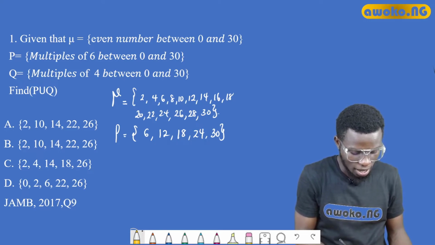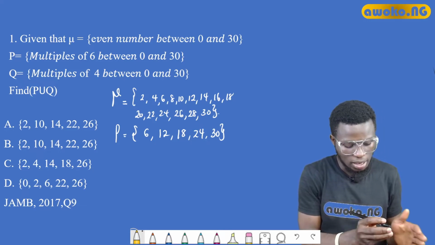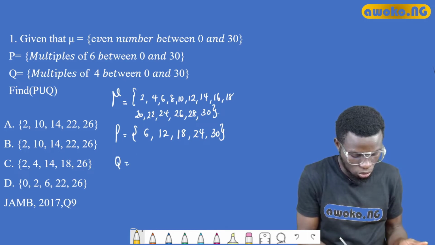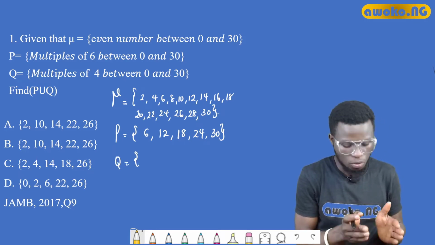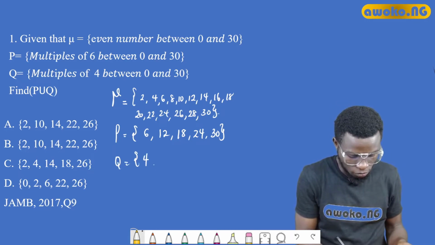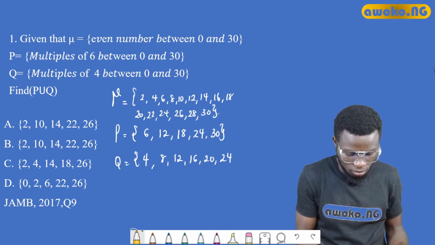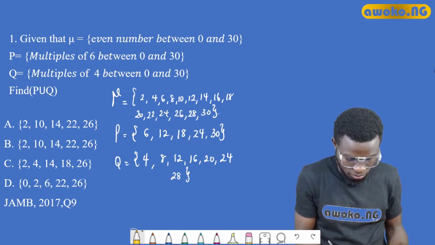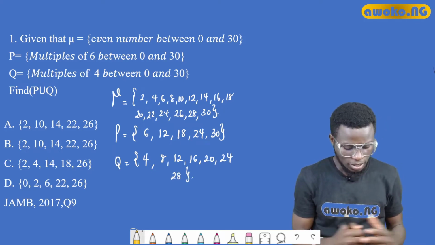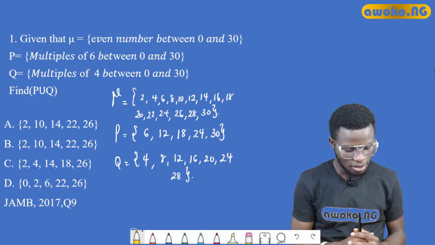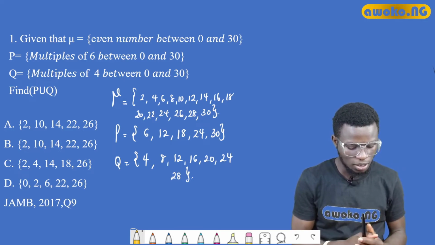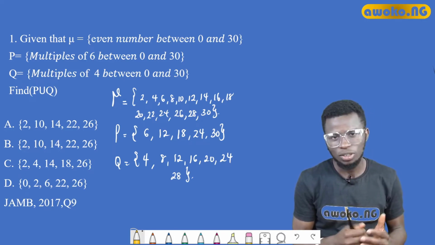Then we have the set Q to be equal to the multiples of 4: 4, 8, 12, 16, 20, 24, then 28. And the question is, find P union Q.